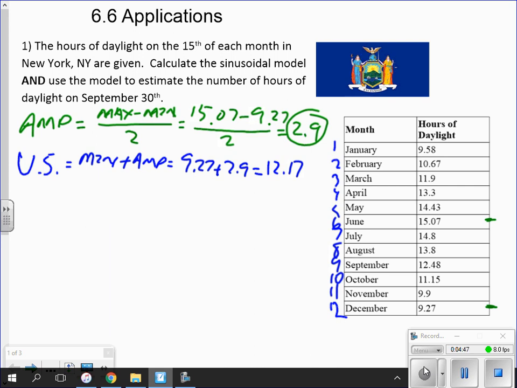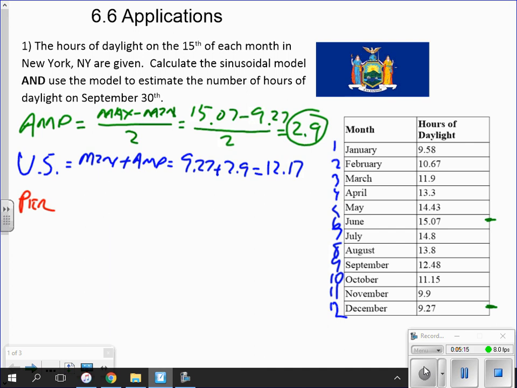Okay. We need to figure out our period. Our period, the normal period is 2 pi, right? Our period on this one is going to be 12, because it repeats every 12 months. Our period is 12. Does that make sense?